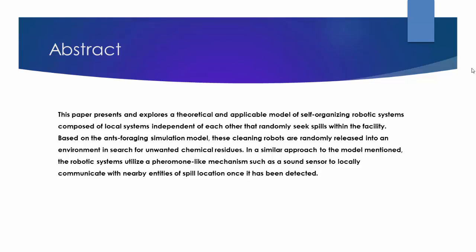This is based on the ants foraging simulation model, and these cleaning robots are randomly released into an environment in search of unwanted chemical residues. In a similar approach to the model, the robotic systems utilize a pheromone-like mechanism, and in our case this will be a sound sensor that will allow the robots to locally communicate with nearby entities of spill locations once one of them has detected one.